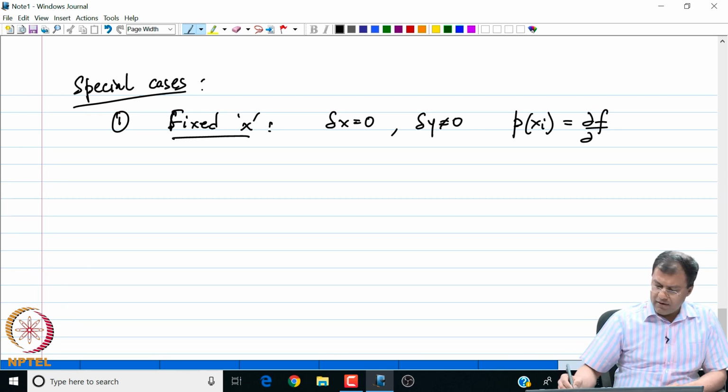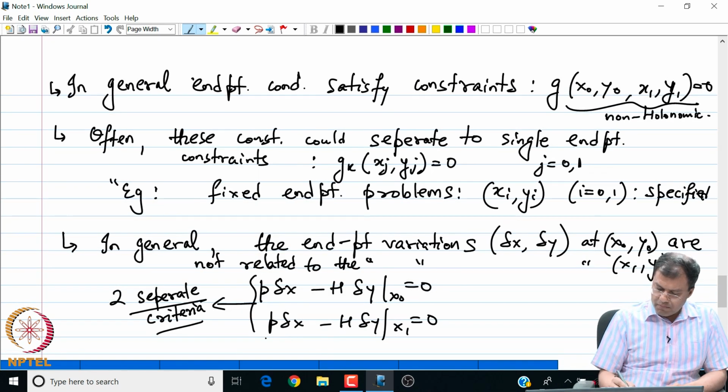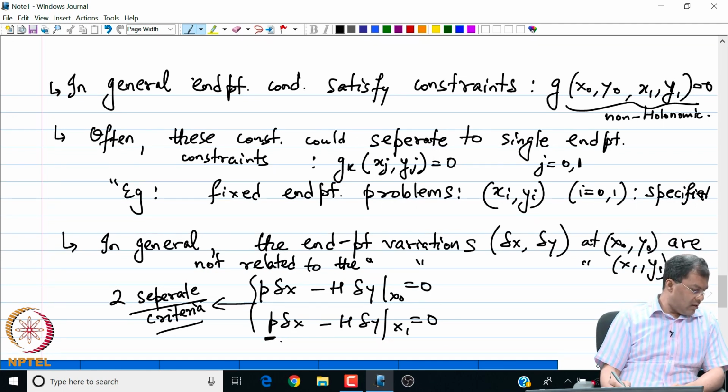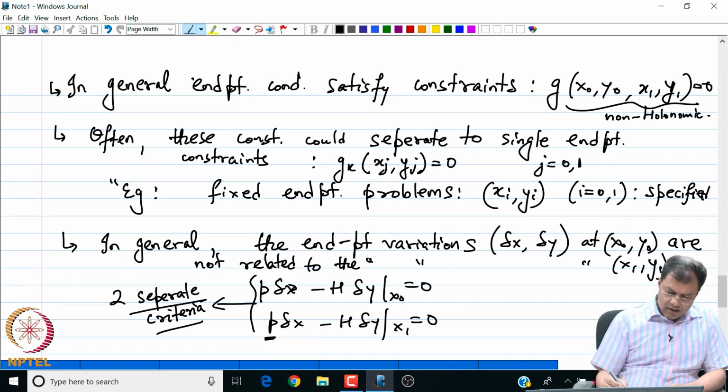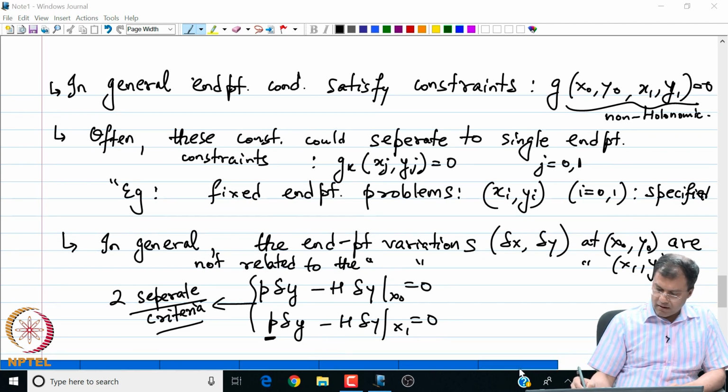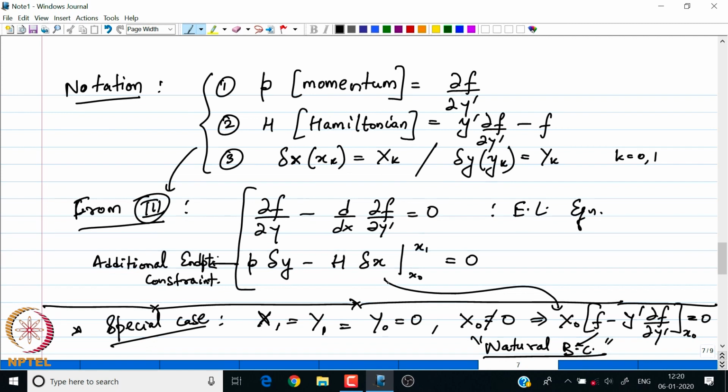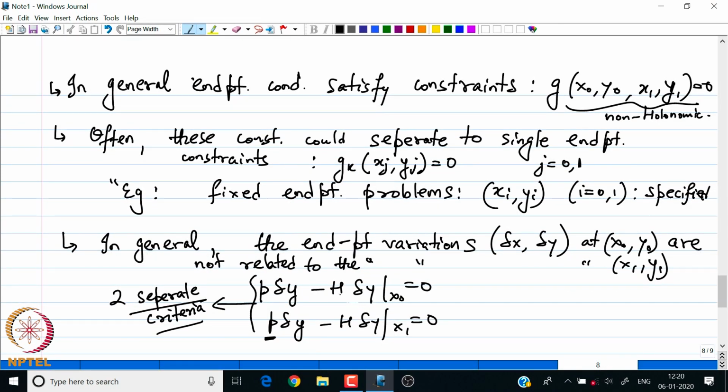Notice why we are taking the momentum, because p is the coefficient of delta y. So we have made a mistake here. This is going to be p delta y. Let us see whether we have the same condition or not: p delta y minus h delta x. So here is a small mistake here. This is h delta x.